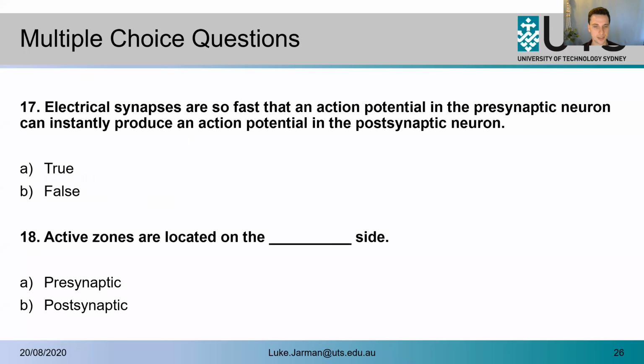17, electrical synapses are so fast that an action potential in the presynaptic neuron can instantly produce an action potential in the postsynaptic neuron. That is true. We haven't been talking about electrical synapses, we've been talking about chemical synapses, however. They're not instantaneous, but they are very quick though.